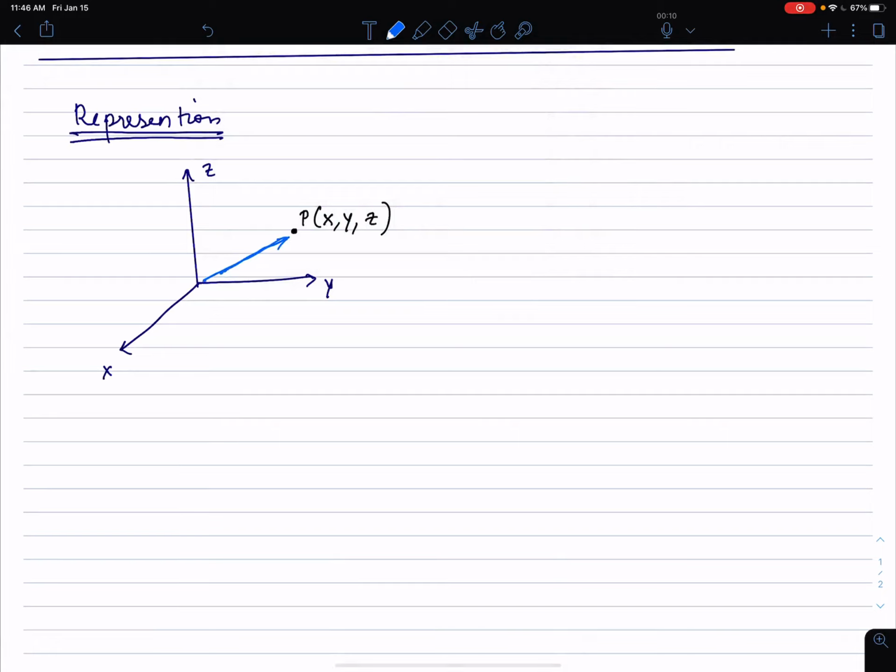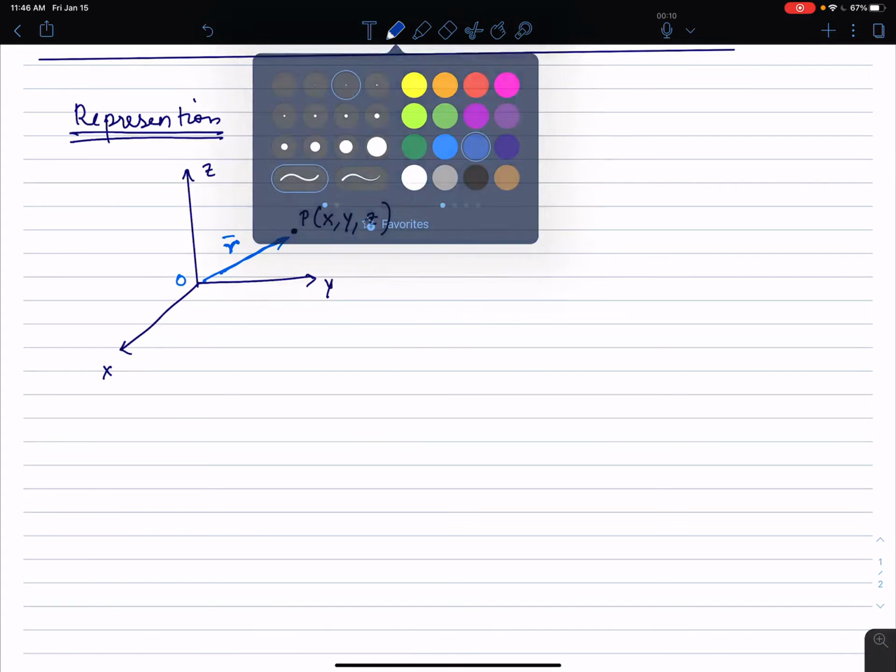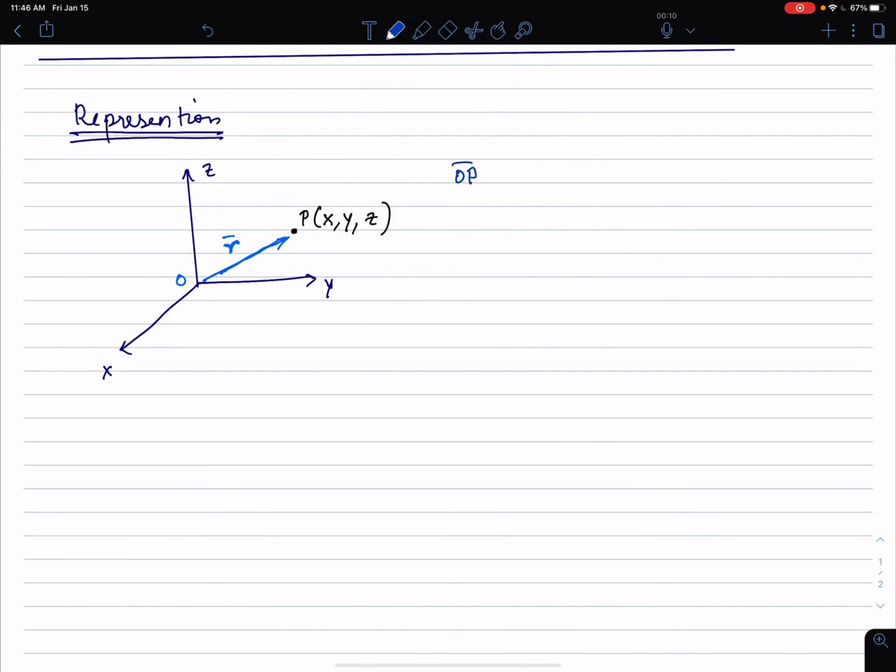And this vector that goes from the origin to the point P is often denoted by R. That's an R. Okay. And that is called a position vector. So OP is R. It's called the position vector.